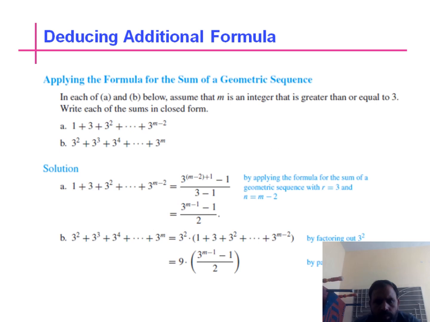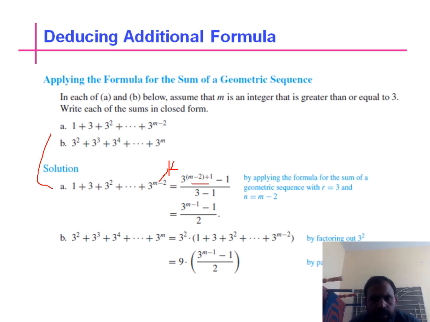Here we discuss reducing a summation formula; maybe we already discussed it in the previous slide. By applying the formula, the sum of the geometric series 1 plus 3 plus 3 square up to 3 raised to the power m minus 2, in the second part 3 square. We will discuss the first part; we have already discussed it. By applying this formula with k plus 1, over 3 minus 1, this becomes (3 raised to the power m minus 1) over 2.